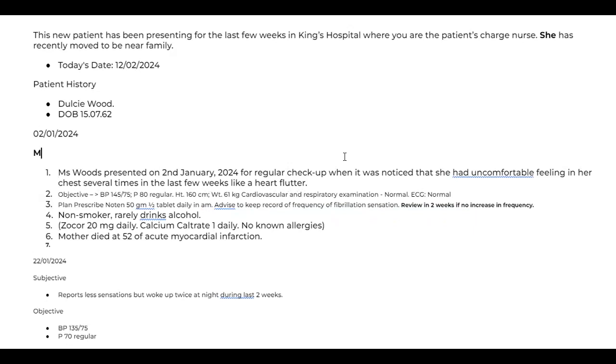So as I told you, first you complete all the medical part. After completing the medical part, if there is anything emotional like depression and other psychological problems, you can write it. Only after that you can write the lifestyle. For example, non-smoker and rarely drinks alcohol, that comes in the lifestyle of the patient. After lifestyle, you can include the occupational part.